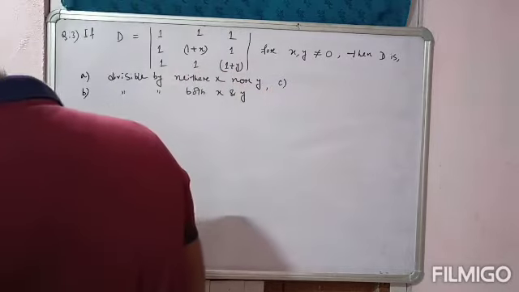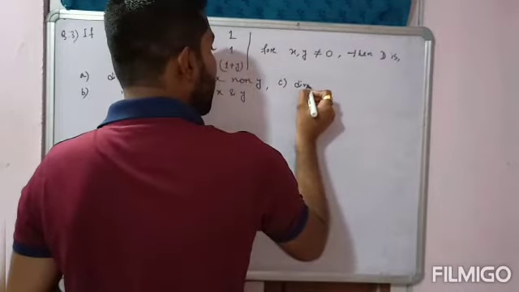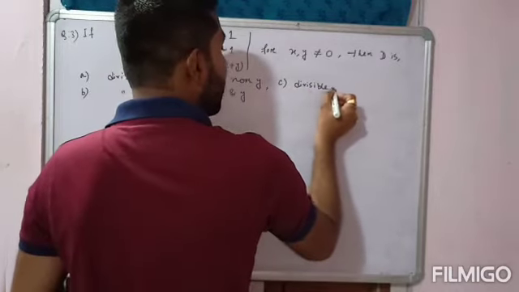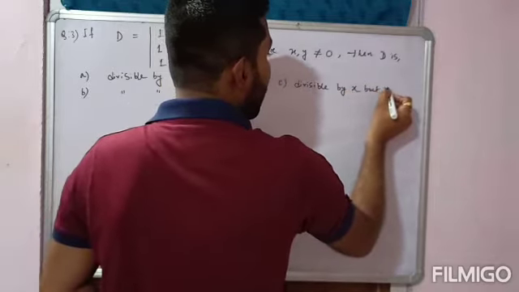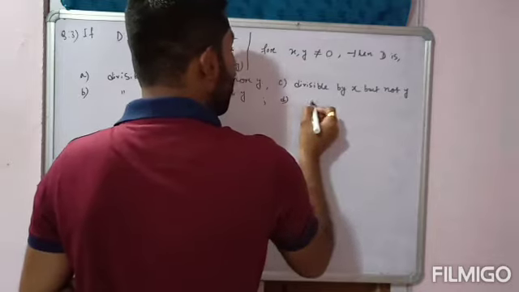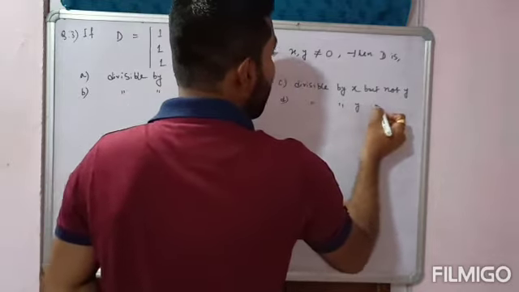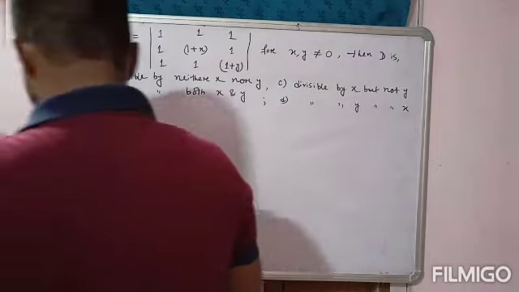Third option, divisible by x but not y. And the last option is divisible by y but not x.